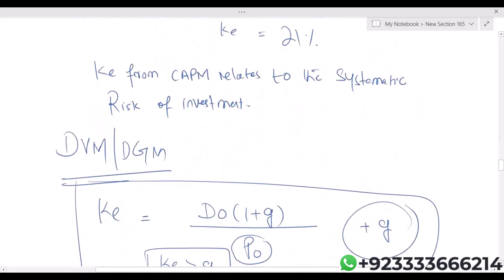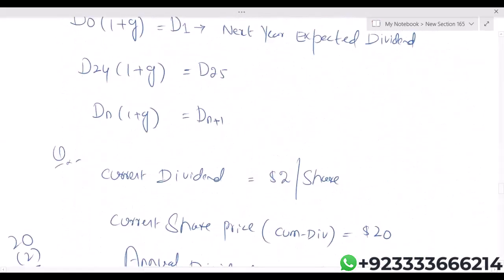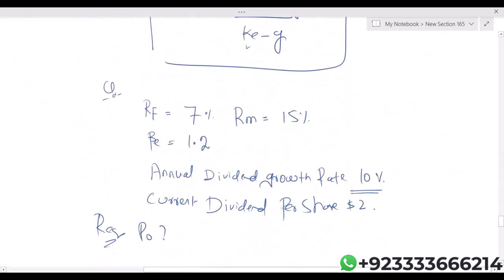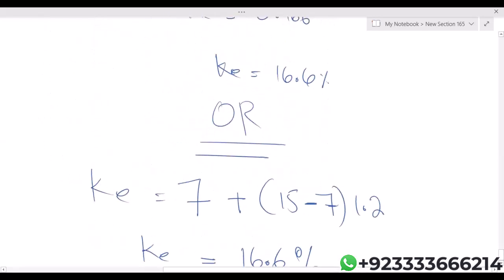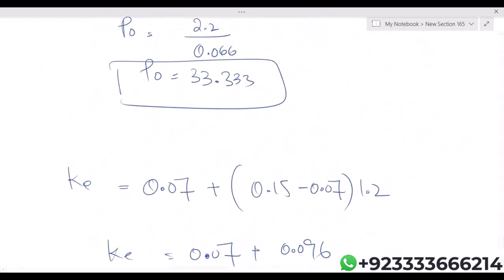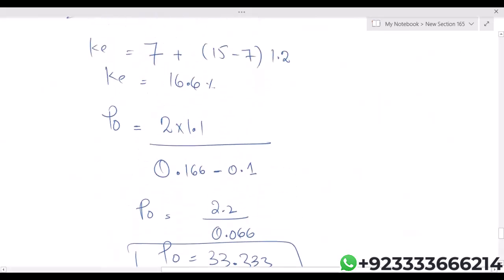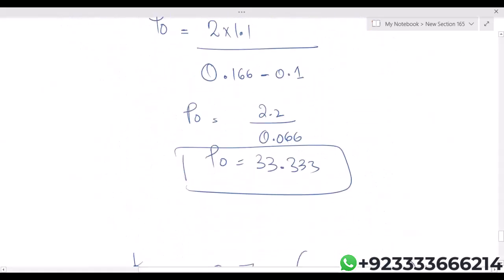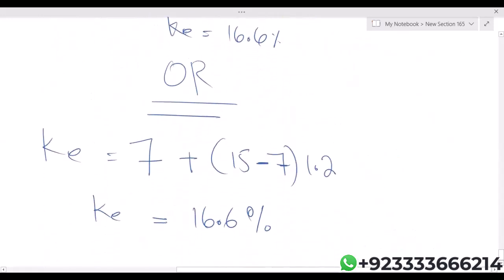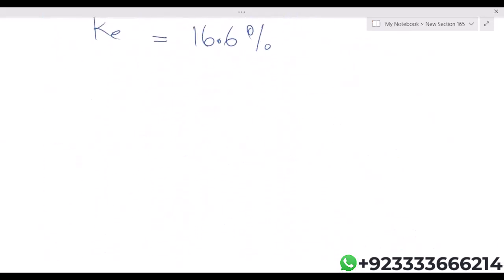So this is what we discussed in our very first live revision class. Let's see, that is DVM. Now, let's say ABC company. That's my favorite company, I would say.